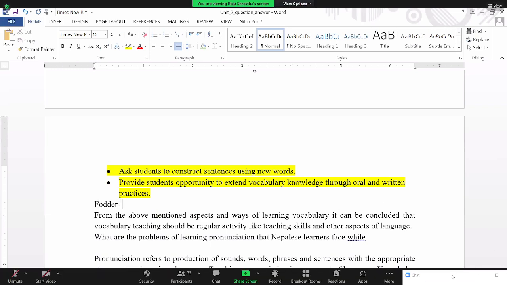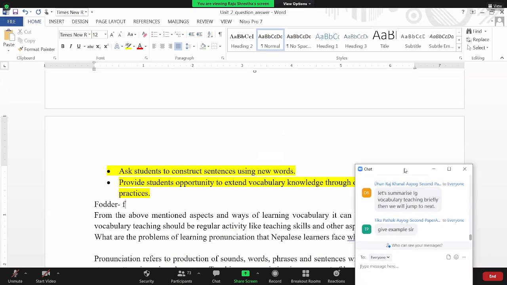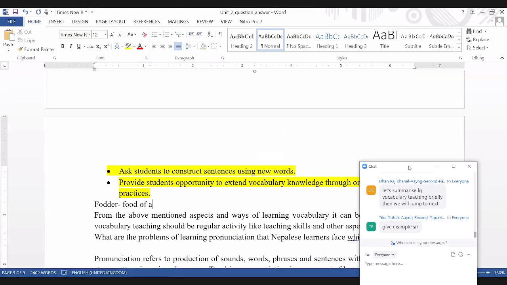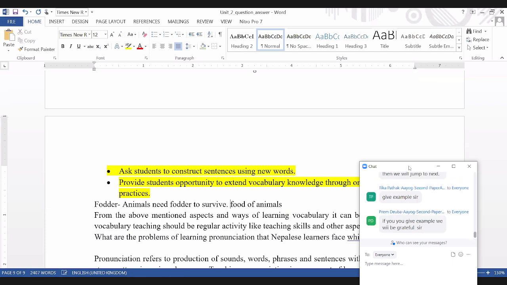This is food of animals. अब यो चाहिँ सेन्टेन्समा बनाउनु पर्यो: animals need further to survive. In this way, we can give examples.